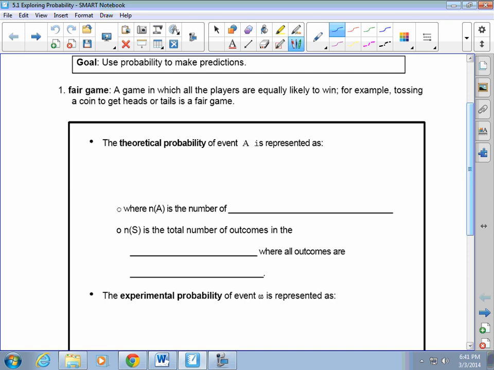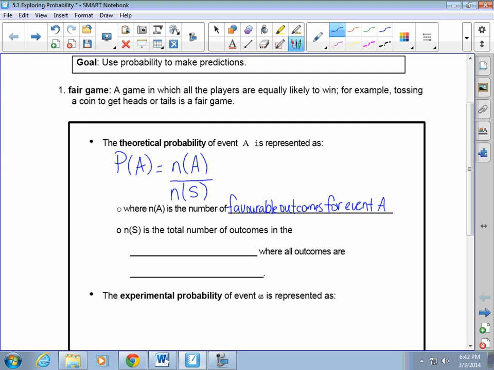Theoretical probability of event A is represented as probability of A, and probability is always a capital P, is equal to the number of elements in A over the number of elements in S, where n(A) is the number of favorable outcomes for event A. Favorable outcomes means that can happen.